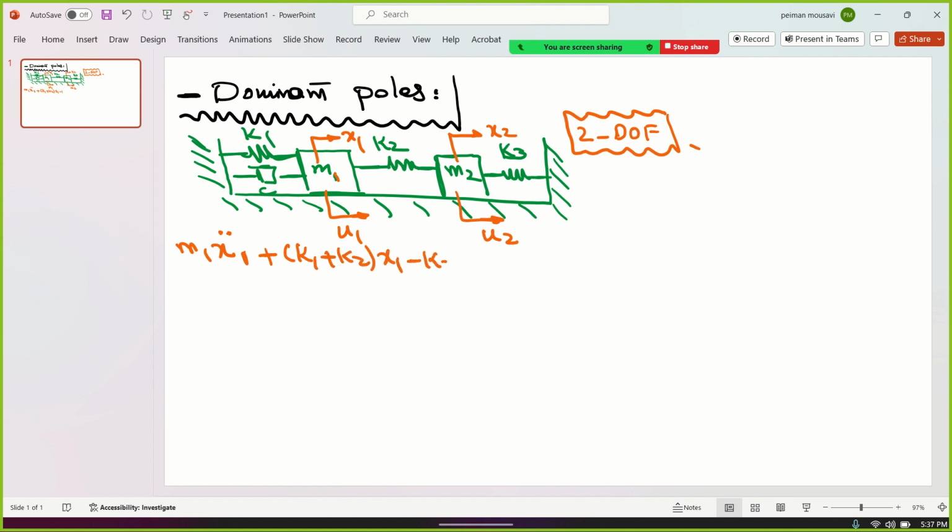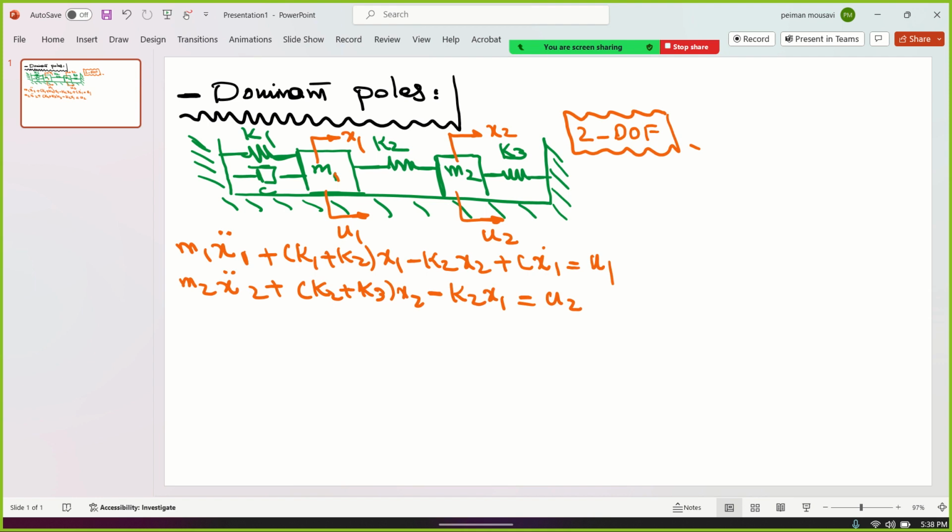M1 X double dot 1 plus K1 plus K2 X1 minus K2 X2 plus C X dot 1 equals U1, and the M2 X double dot 2 plus K2 plus K3 X2 minus K2 X1 equals U2.